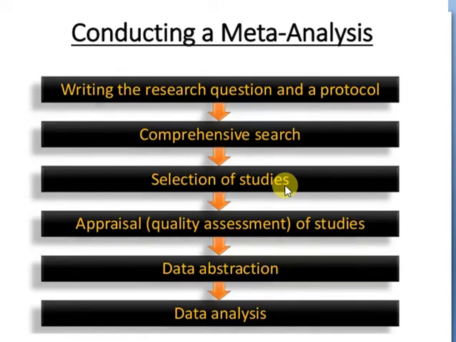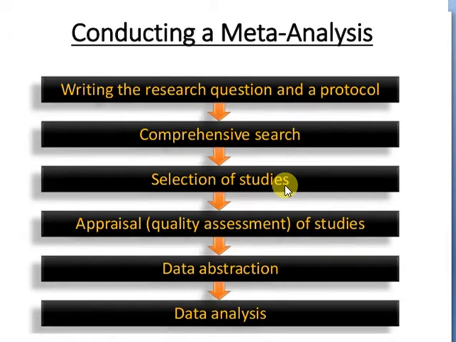After all, there has to be data abstraction, or we have to extract our data. The data should be extracted by using templates. It might be using Microsoft Word or Excel. We have to extract the components or the outcome of interest we're going to look at in our meta-analysis.